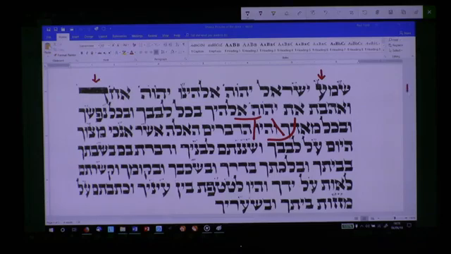Ein Daled. Ed means witness. So when Yeshua was asked in Mark, what's the most important commandment? Our English language says, what's the first commandment? That wasn't what the guy said. He said, what's the first, as in primary, most important commandment?